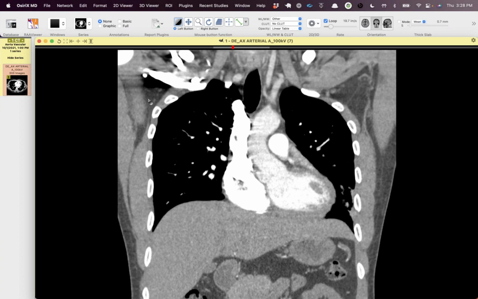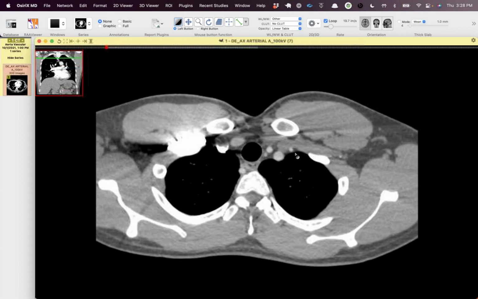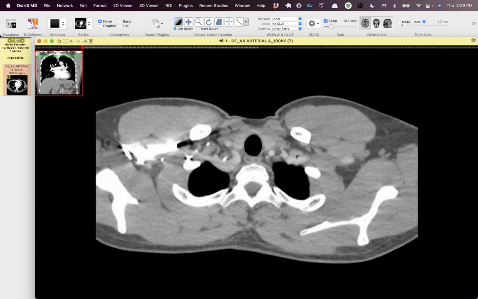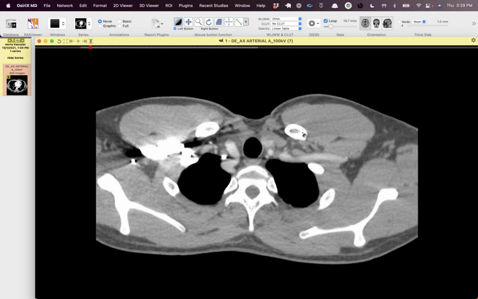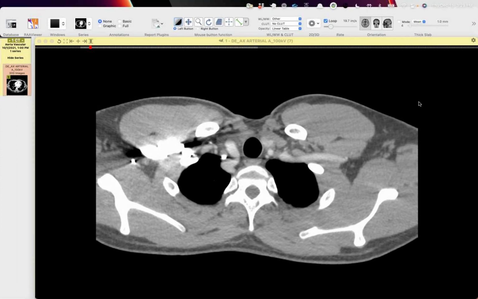Right. Very interesting. It's interesting, of all the millions of CTs that have been done, no one's seen it before. Or just recognized it. I picked up on it. David, any thoughts? I'm voting with you guys. I like your idea of a persistent third arch.